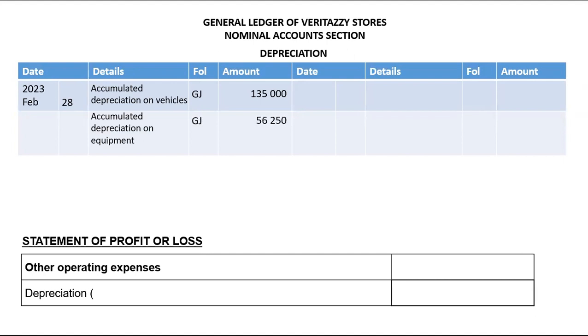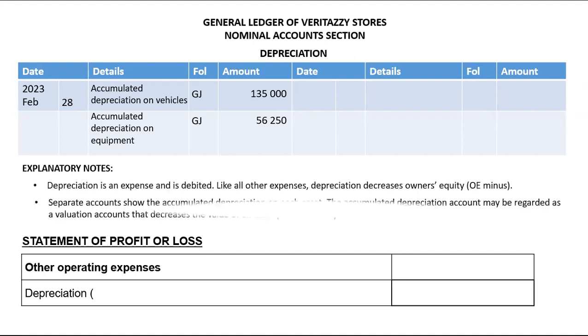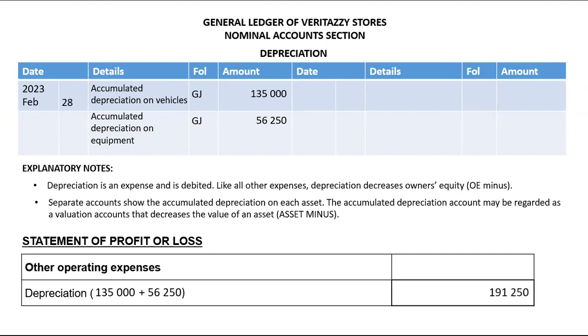And you will normally close this against profit or loss, which is done at the end of the financial year. Now, the depreciation for the year, which is that 135,000 plus 56,250, you will add them up and write them as depreciation under other operating expenses. So your total depreciation for the year will be 191,250.